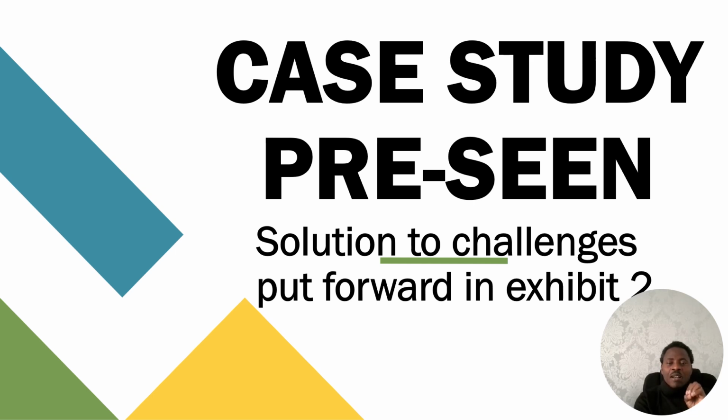There was another challenge in Exhibit 2 as it relates to transparency and corruption. So we need to build trust in governance practices, business practices, and how we gain competitive edge. These are part of the things you need to put forward when profiling solutions to the questions.